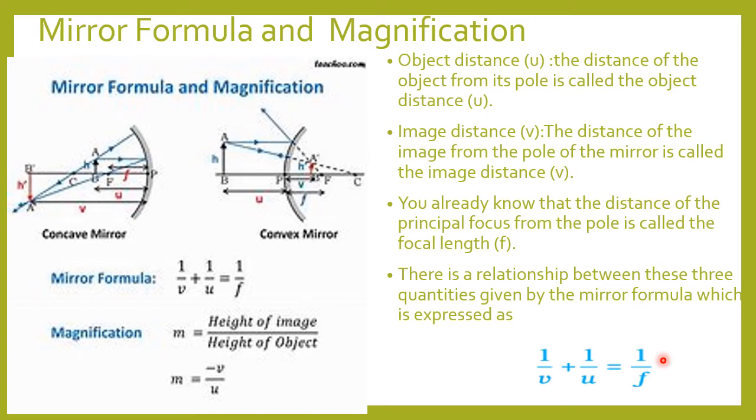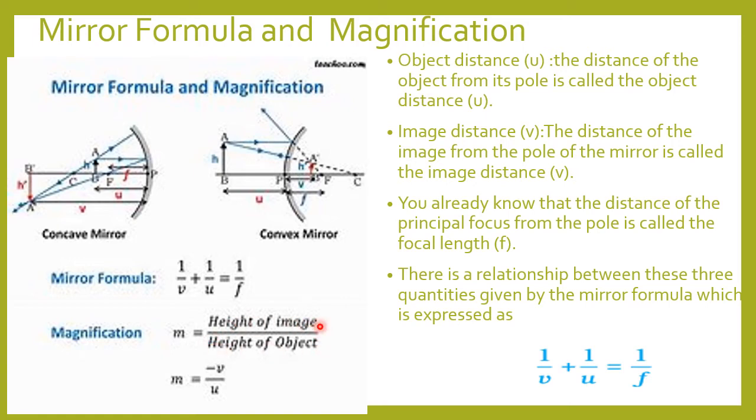This is your mirror formula. You can see it here also. Now magnification. Magnification means how big the image is as compared to the object, or the comparison between the object and the image. So m is equal to height of image upon height of object.